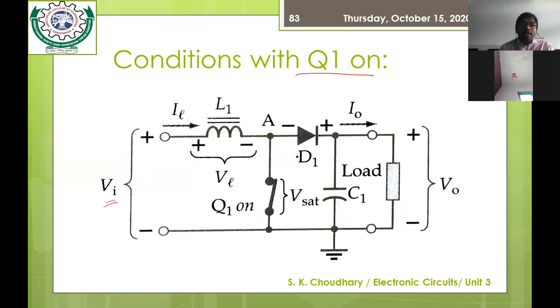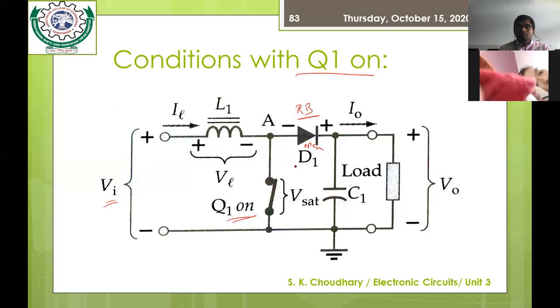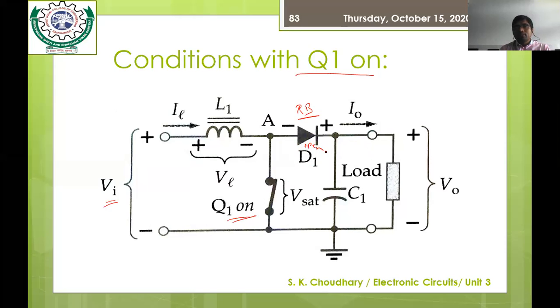So the diode becomes reverse biased. When the transistor Q1 is on, the diode is reverse biased and acts as an open circuit, so no current flows across the diode, the capacitor, or the load. The current flows only through this particular part.